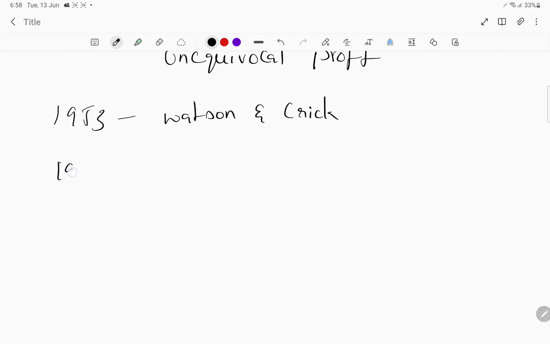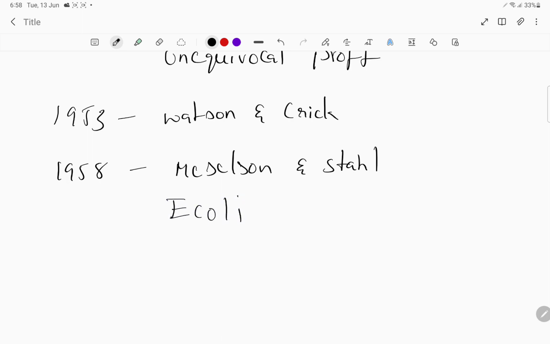Next, in 1958, Meselson and Stahl performed the semi-conservative experiment in E. coli. So these are the years we have to remember.